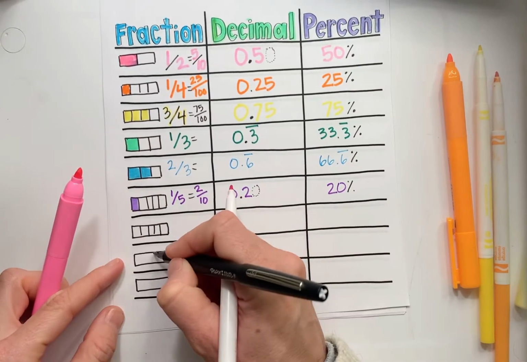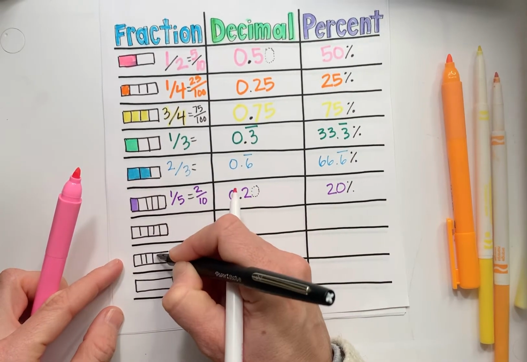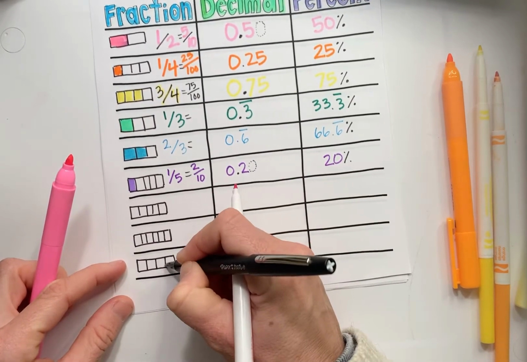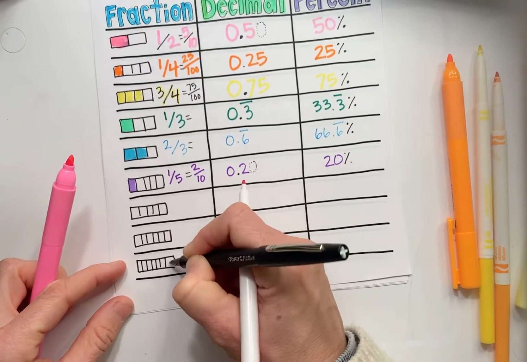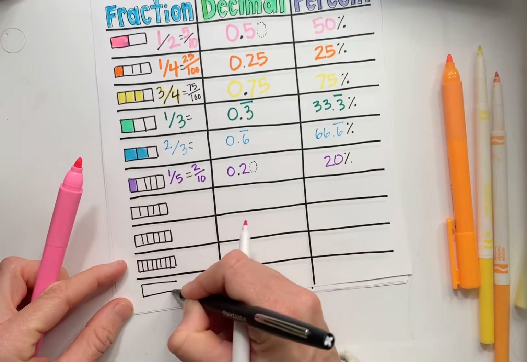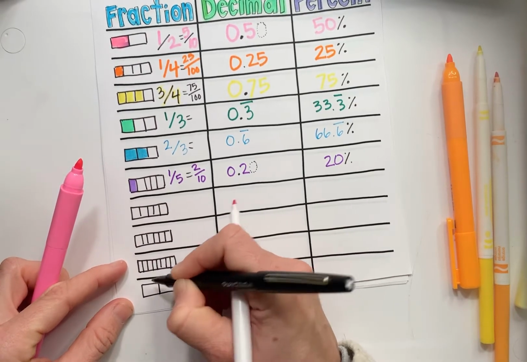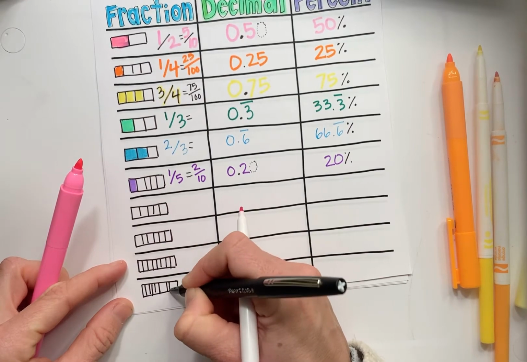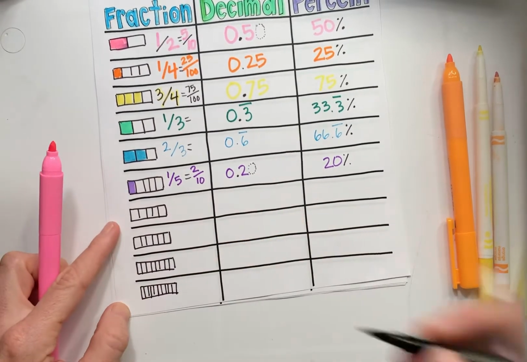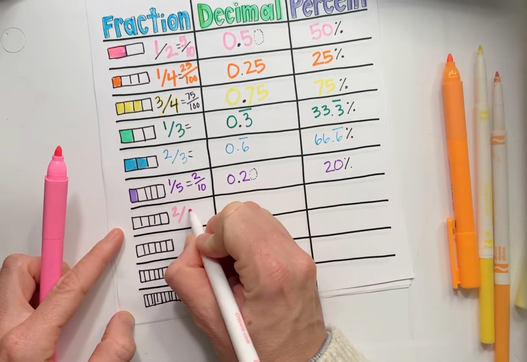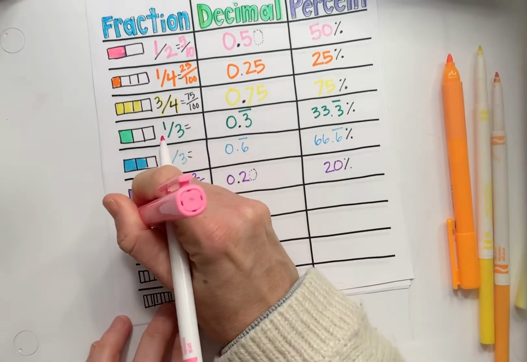And then we're going to do sixths, and then we're going to do eighths, and then the last one we're going to do here is going to be tenths. Okay, so after 1/5, we have 2/5. So 2/5 is going to look like this.